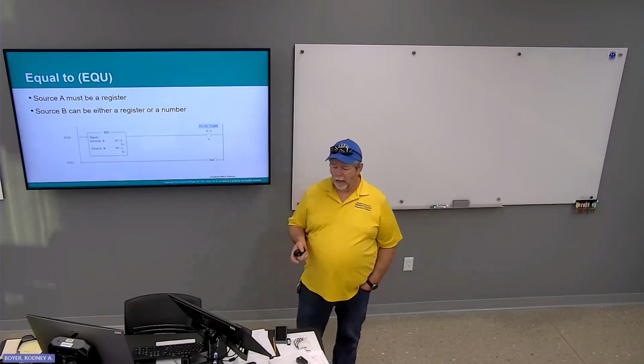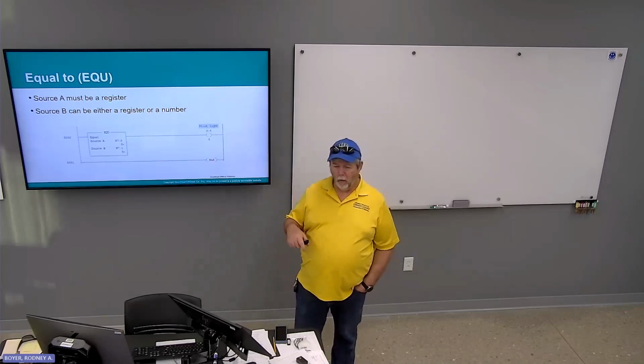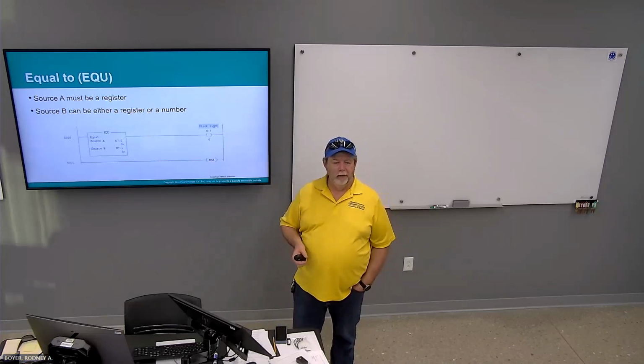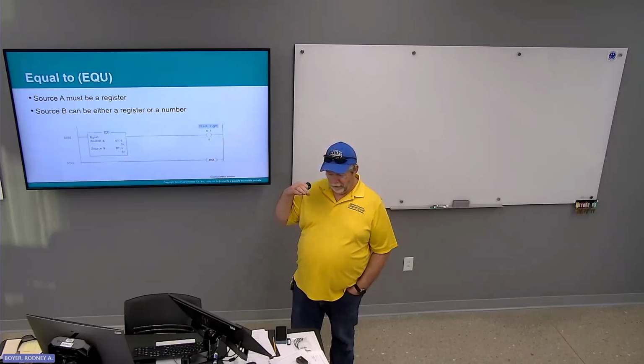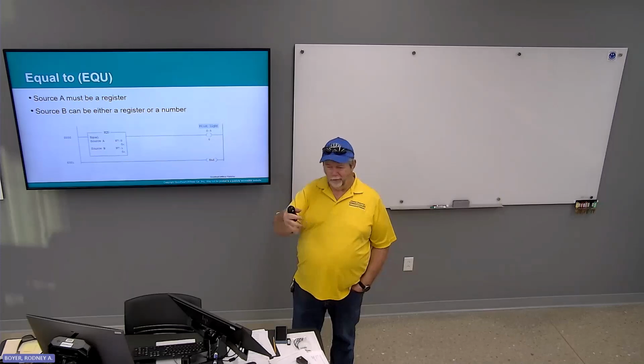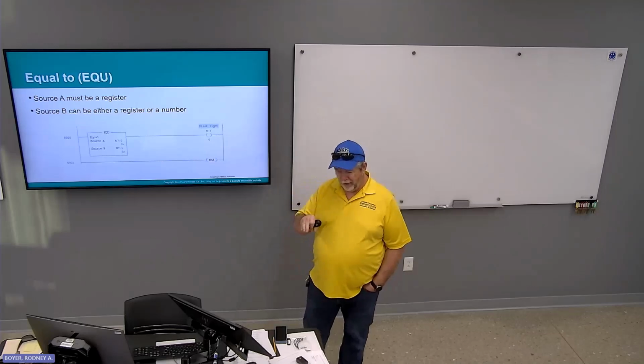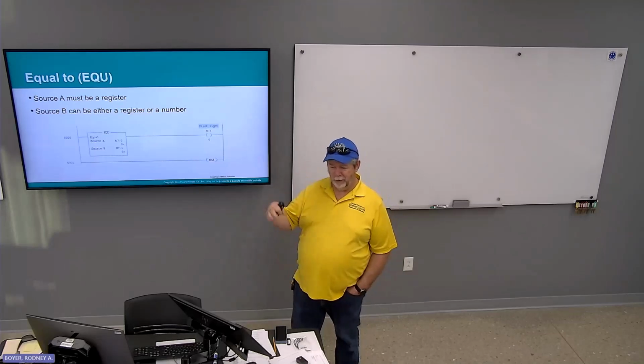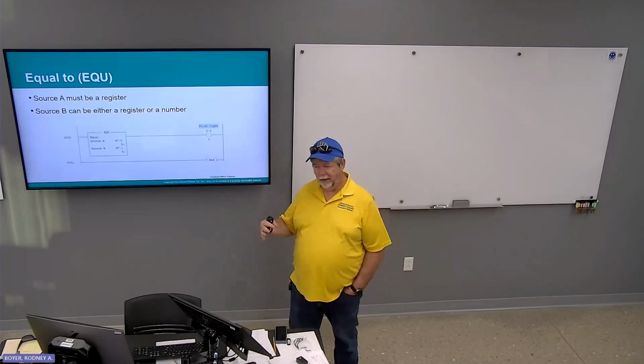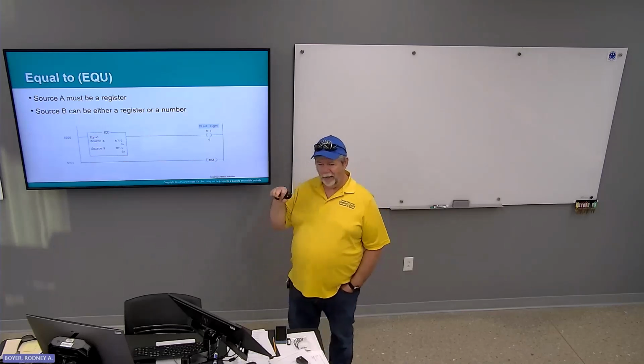Source B can either be another register or just a number. So you're always testing to see if source A is equal to 13 or whatever number you pick. Then you can put 13 on source B and it works just fine. You cannot say is 13 equal to some register though, because it doesn't like that. Source A always has to be a register.